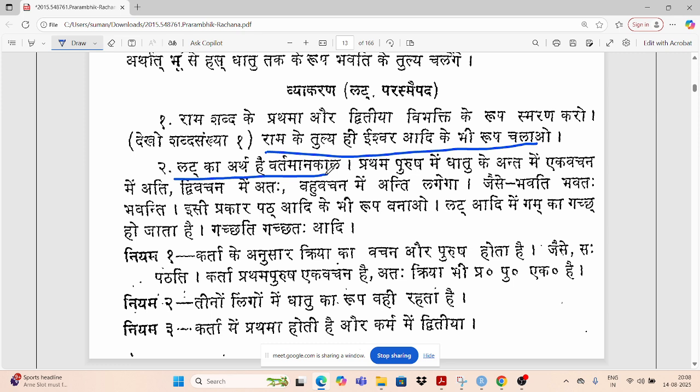We have something similar in Sanskrit as well, and something additional also. We can also create some tenses through different suffixes. We will come to that later. But we have lat lakara for the time being.